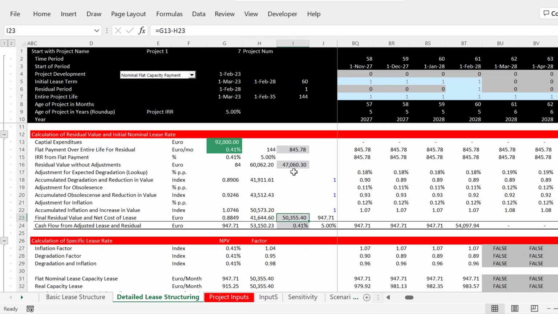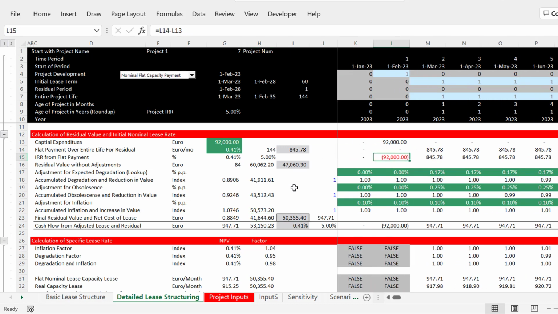Then we take the total capital expenditures that we had all the way at the beginning, and we subtract how much residual value we have, and guess what? We can use our PMT function to get the original lease rate.